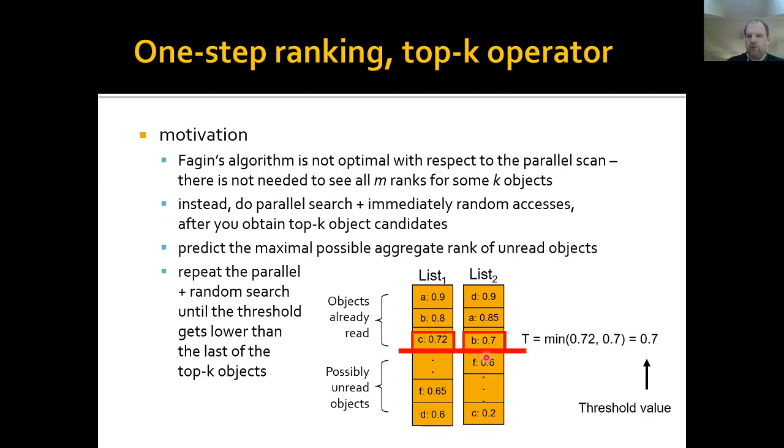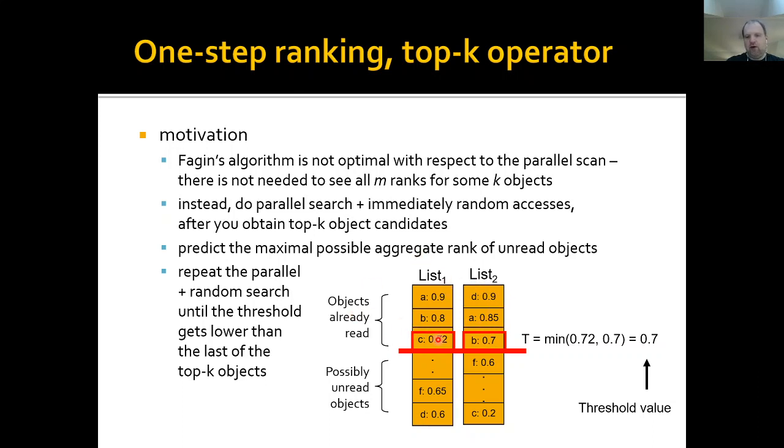So what could be the best below this line? In this partial setting, it could be 0.7, because that is the value for C and B, but we have already processed this.